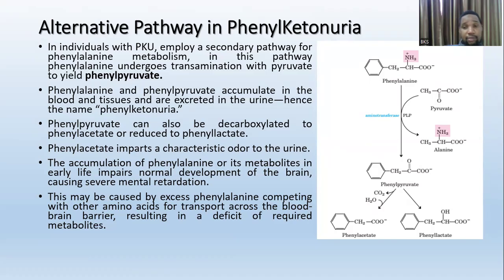The only thing I didn't mention is that transamination of phenylalanine involves pyruvate, where alanine is produced, by phenylalanine aminotransferase. So you have phenyl pyruvate, which is decarboxylated to form phenyl acetate, which gives the odor of the urine in individuals with phenylketonuria. And we also have phenyl lactate, which all form the components being secreted in this condition.